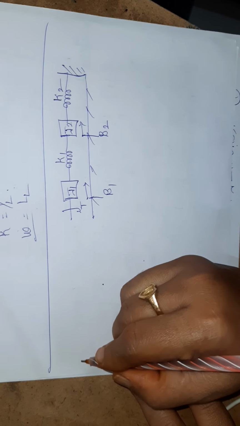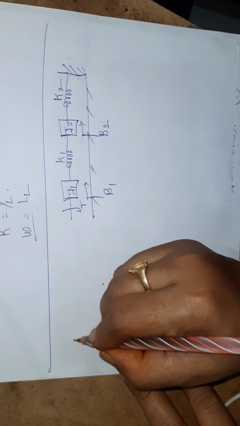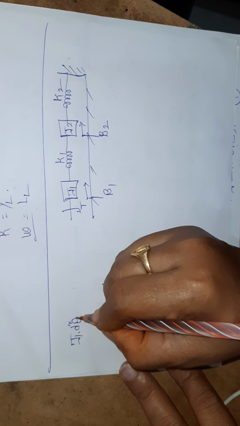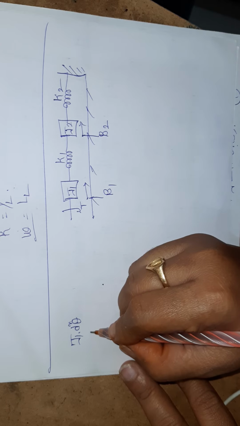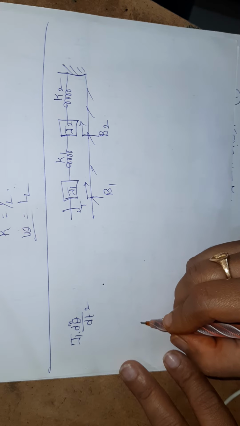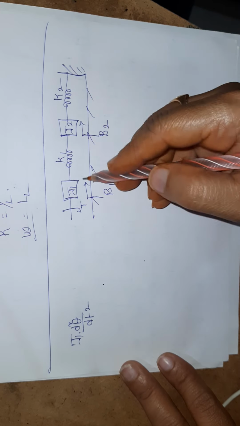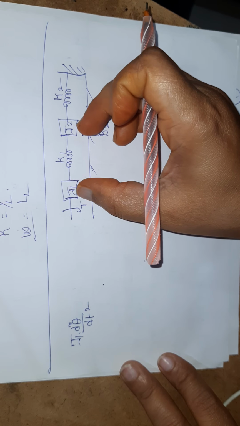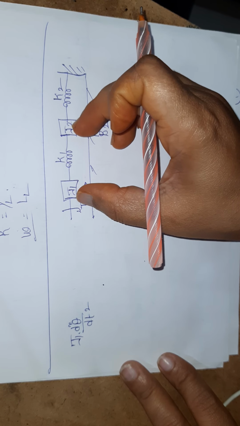So for J1 I'll get, directly I am writing J1 into d square theta by dt square, and there is no theta mentioned here. So I will consider for each nodes we have to consider displacement, each displacements.